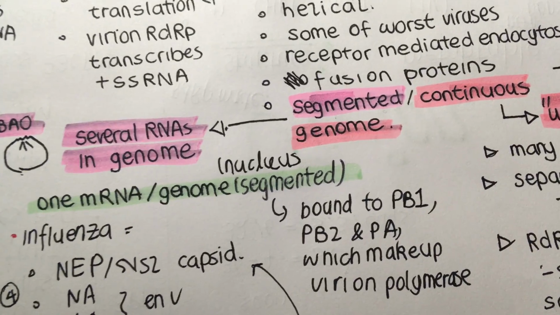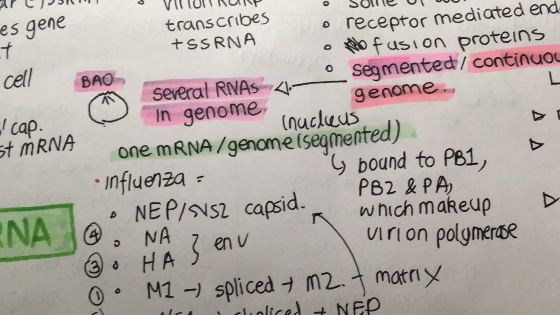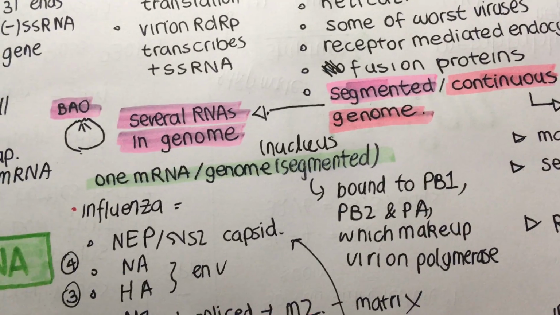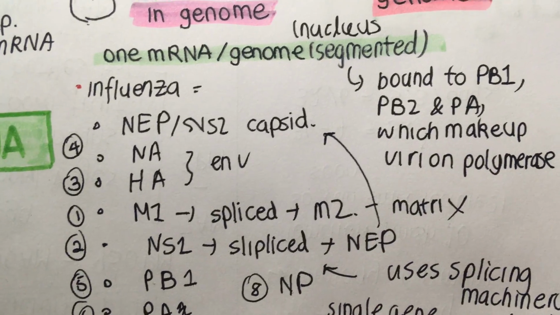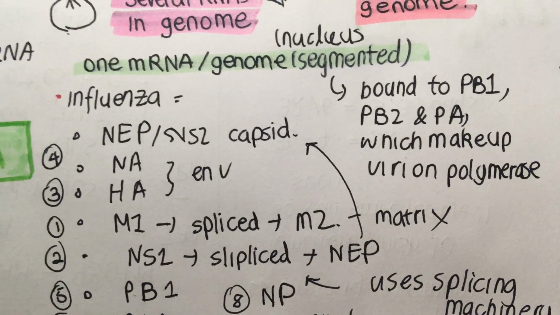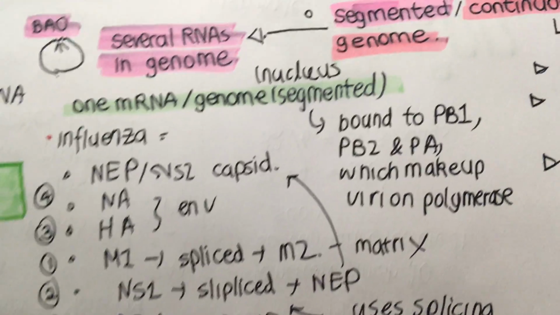And this splicing machinery is only found in the nucleus, which is why all of this replication takes place in the nucleus, unlike the other RNA viruses, which all take place, its replication, in the cytoplasm.